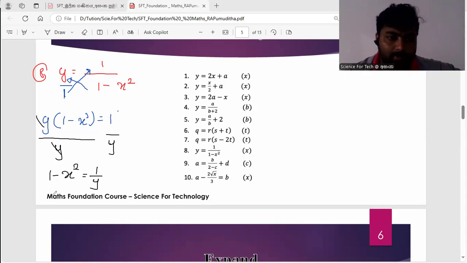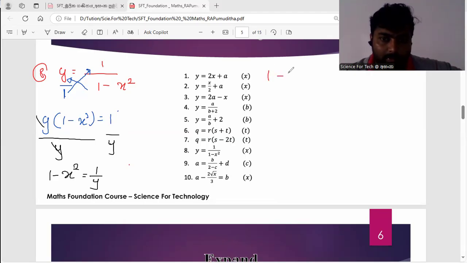1 divided by y. Then here is plus 1. To remove this plus 1, I'm going to add minus 1 to both sides.